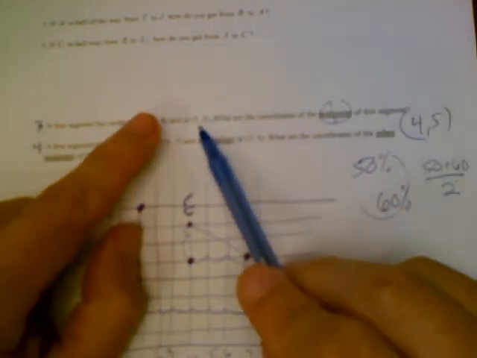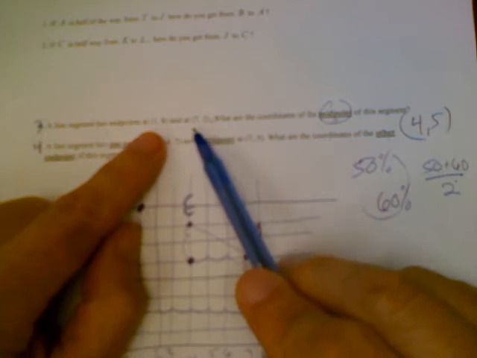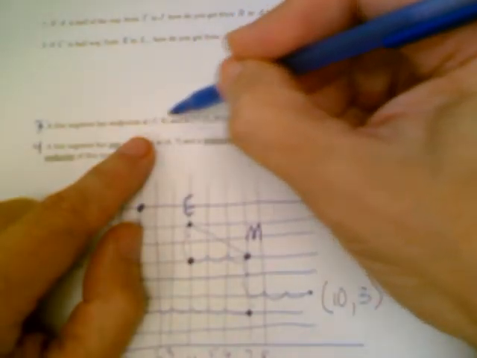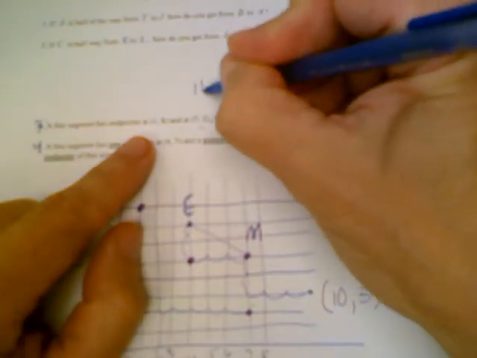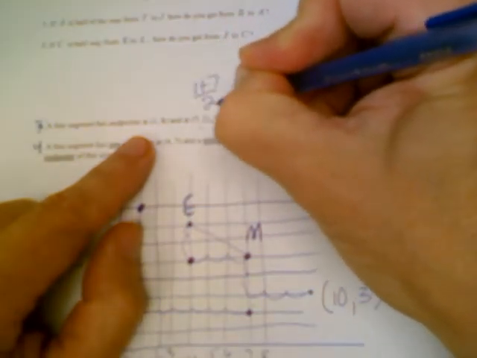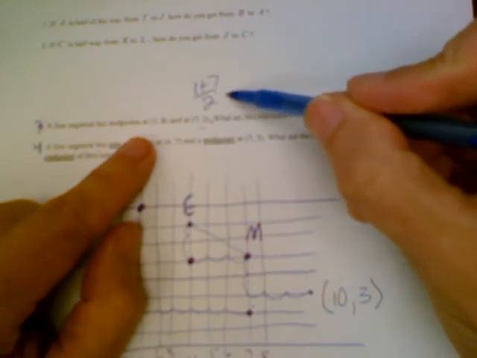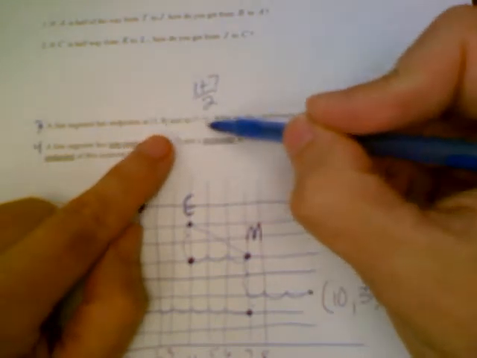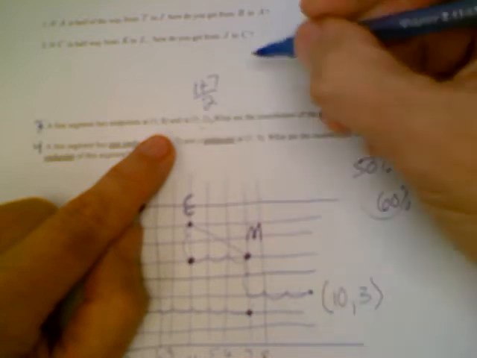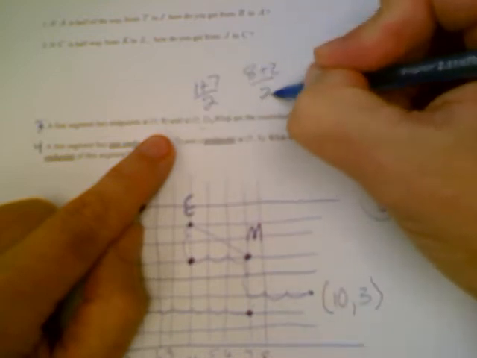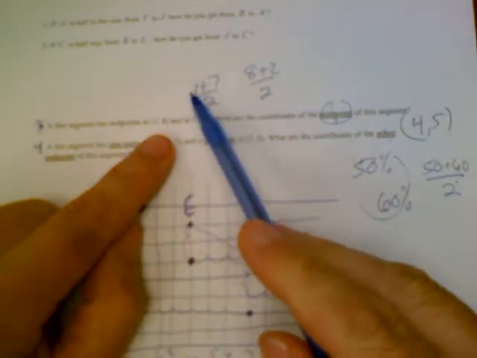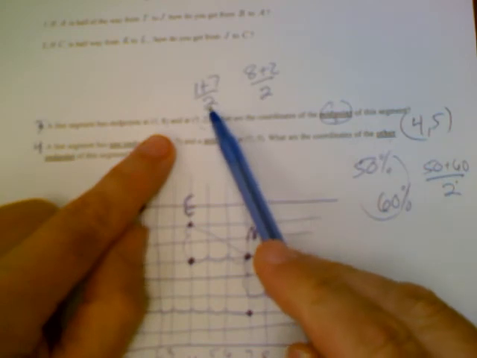So if I want to find the point which is exactly halfway between these two, right exactly in the middle, I can average the two x values, 1 plus 7 over 2. That will get me the x coordinate of the midpoint, and then average the two y values, 8 plus 2 over 2. That becomes 8 over 2, which is 4.